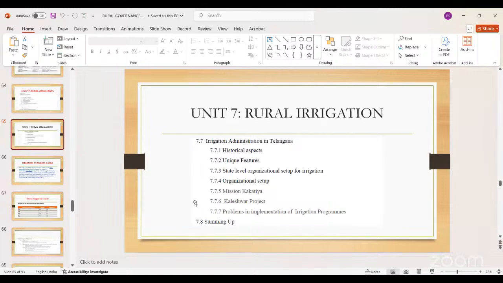That's why rural irrigation is of particular importance in arid, semi-arid and dryland areas. With this, we'll conclude this rural irrigation unit, and in our next class we'll cover the remaining part of this unit on rural development programs.